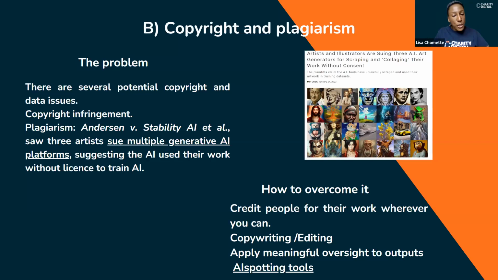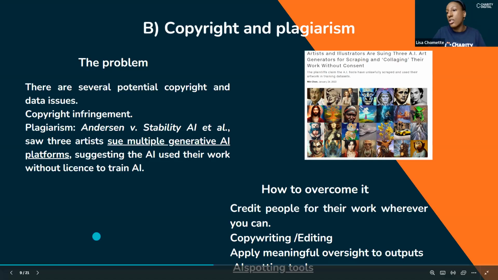So there are a few AI spotting tools that you can run your own articles through, and they can help you find issues. One is called originality.ai, another one is called writer.com, another one is called GLTR. We'll also put them in the chat, and hopefully that can be helpful for you if you are creating more content, to run it through these tools.